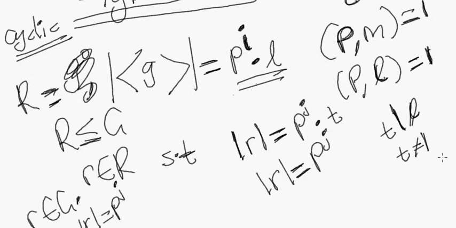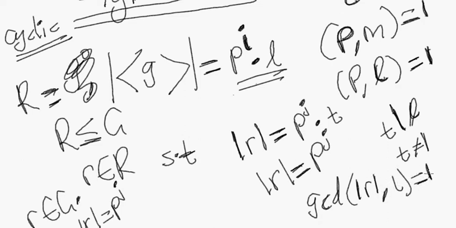And we're saying that, look, there actually can't be an element of R whose order is just P to the J, because if that were true, then the order of r would be relatively prime to L, right? And if the GCD of the order of r and L is 1, right?